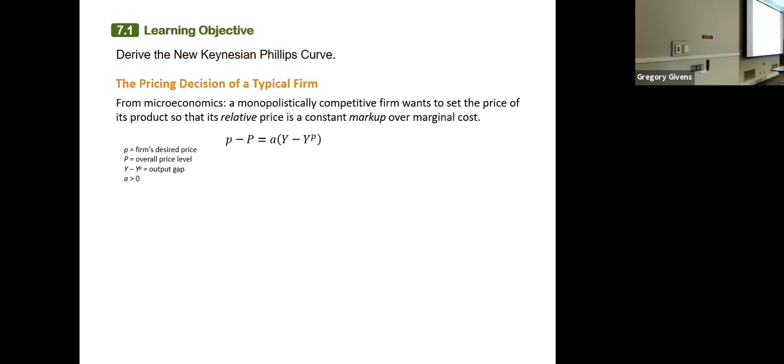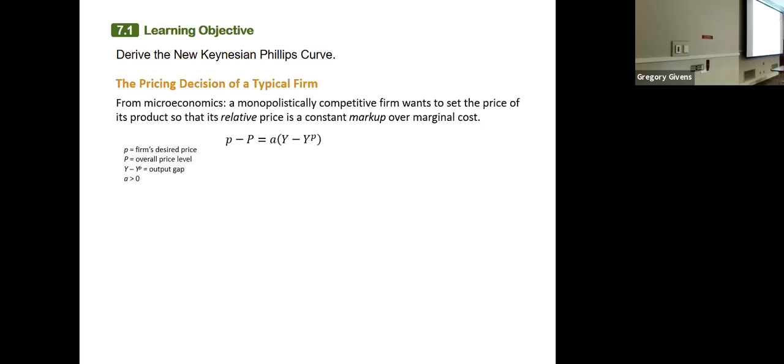So just to be clear, the convention in these types of models is to write the variables in terms of natural logarithms so that the variables can be represented as percentages over time, okay? So these variables over here are logs, natural logarithms of the firm's desired price, right?